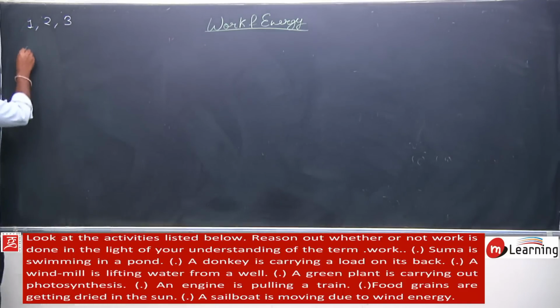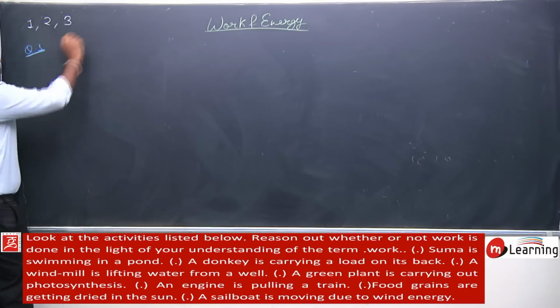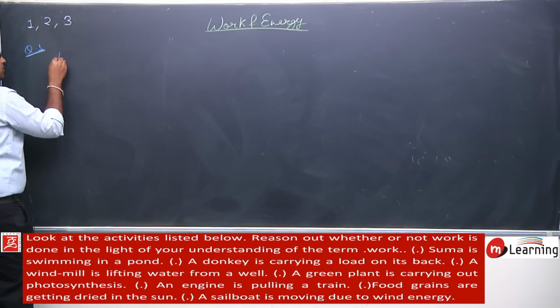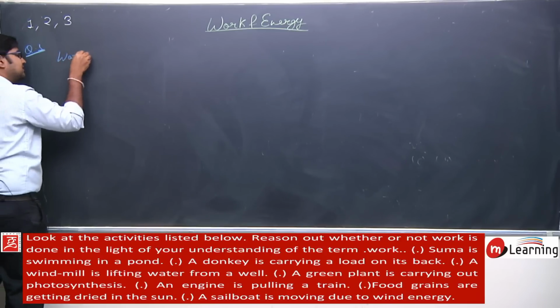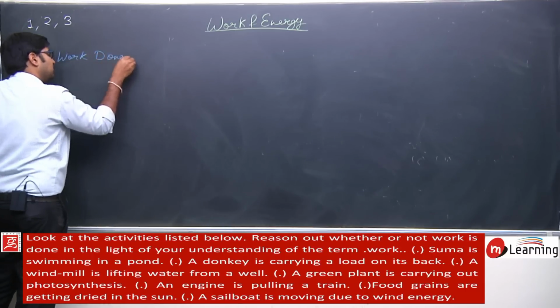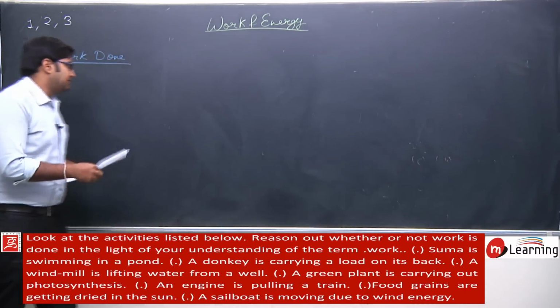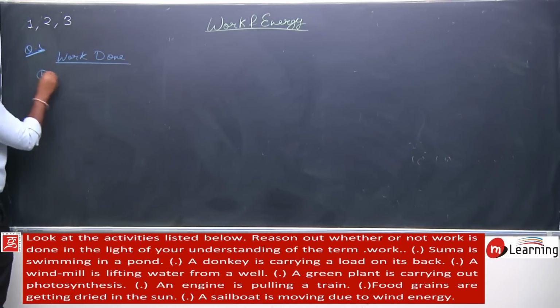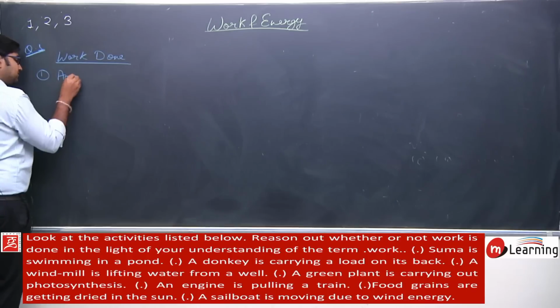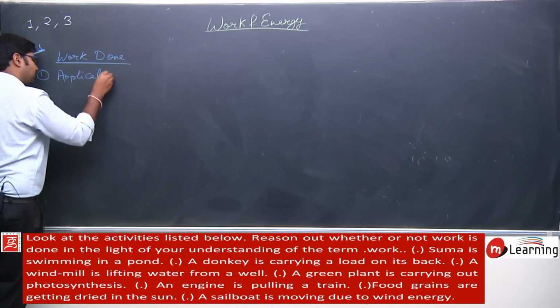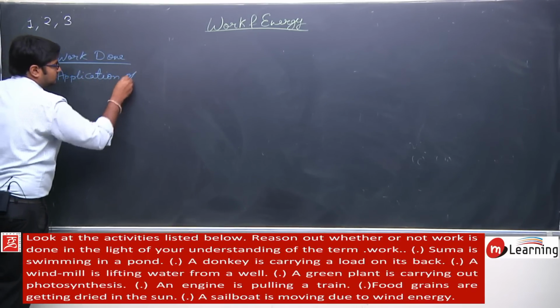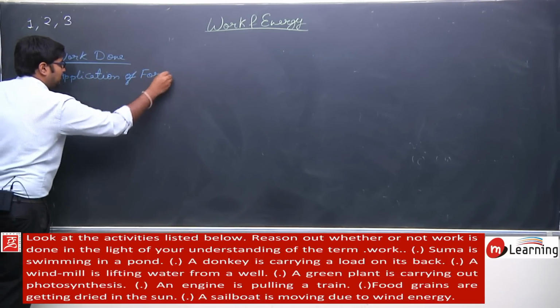So for that, let us first write what are the conditions in which we can say that work is definitely done. The first condition is application of force, there must be some application of force.